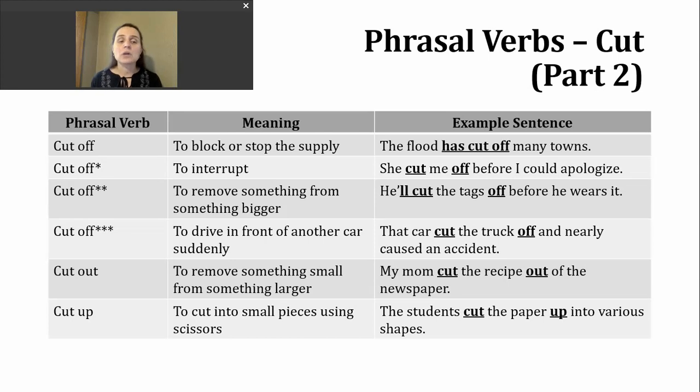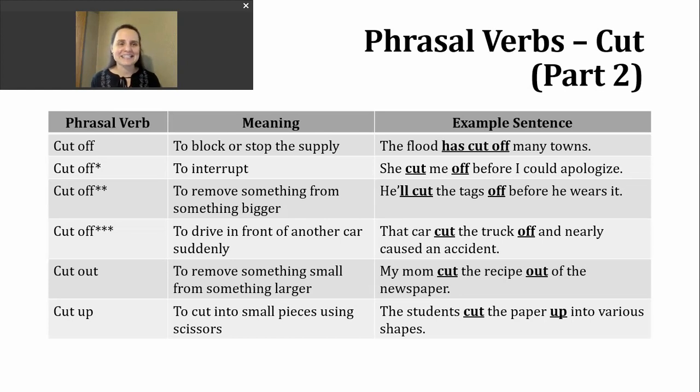The fourth way we're going to look at using cut off is to drive in front of another car suddenly. This has a pretty negative connotation to it. This is one reason we try and use blinkers on our car to let other cars know where we're headed and in what direction.